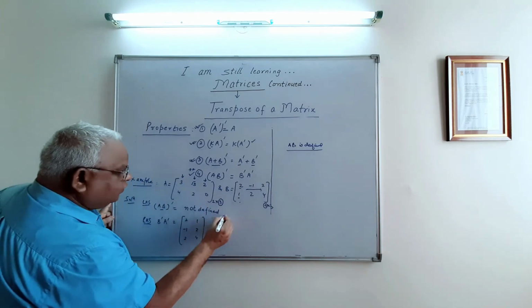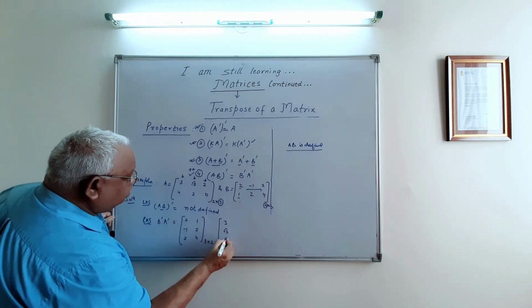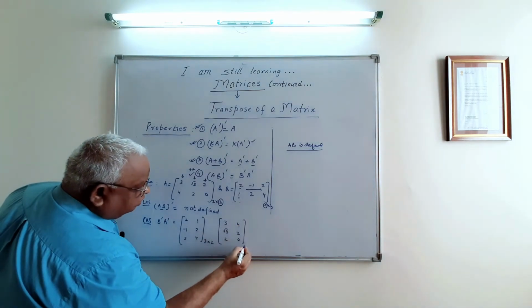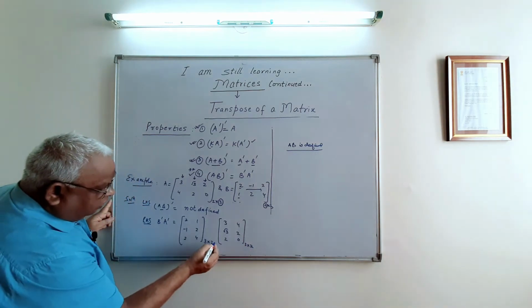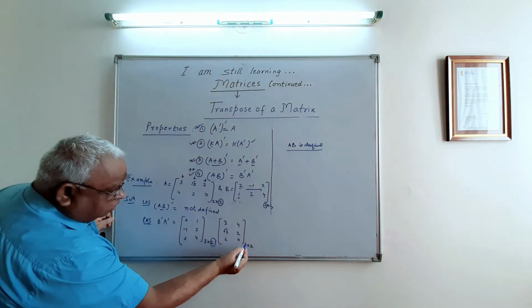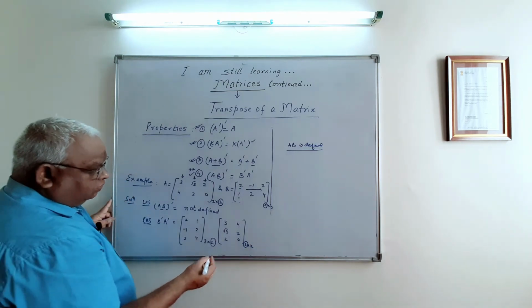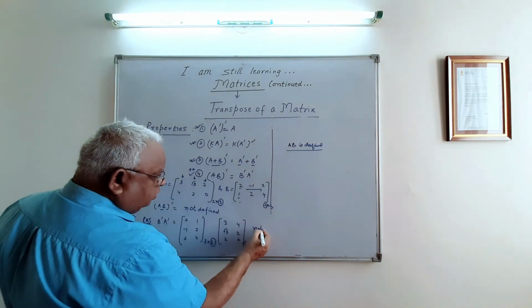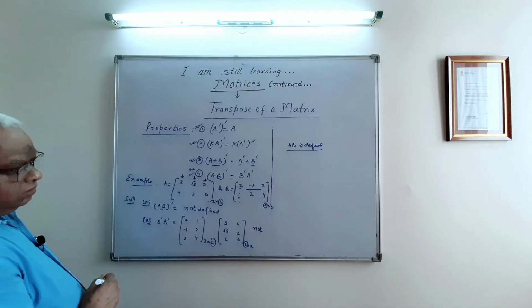A transpose is 3. So the number of columns is not equal to the number of rows. So this is also not defined. Why?